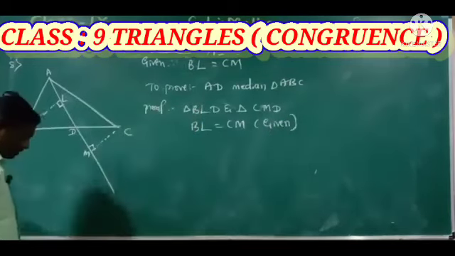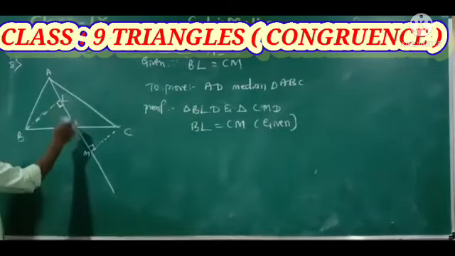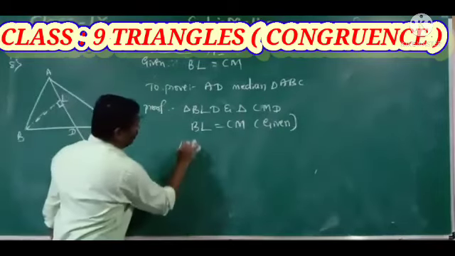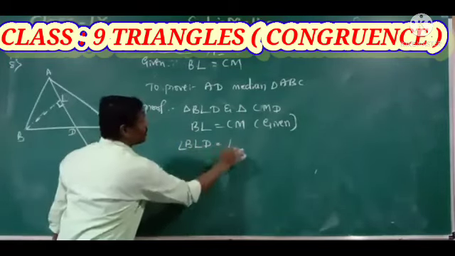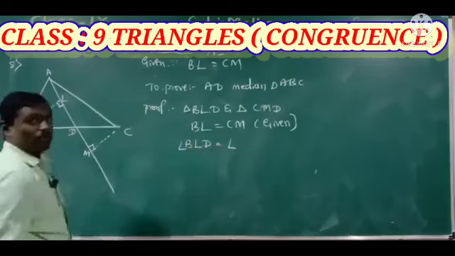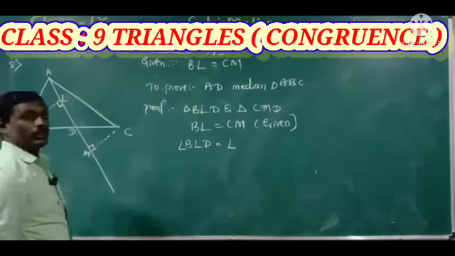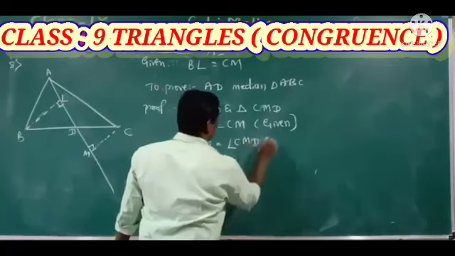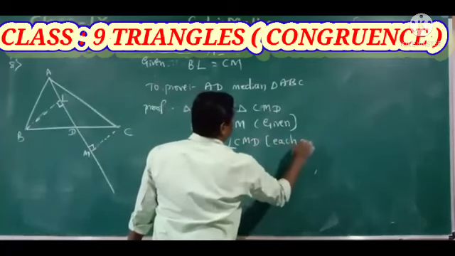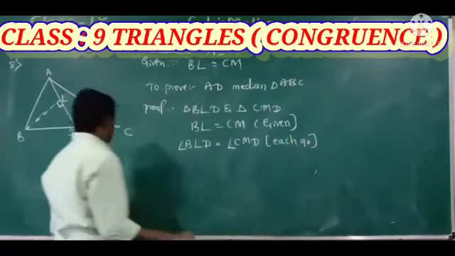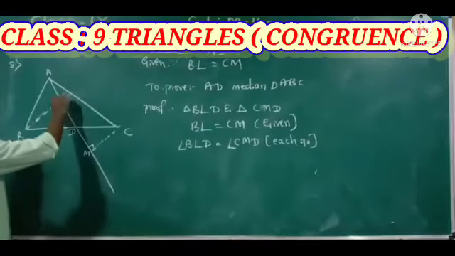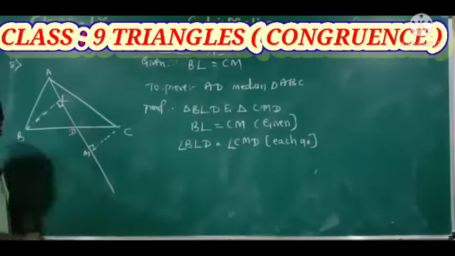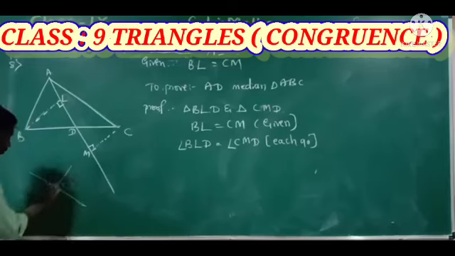Next one, angle BLD is equal to angle CMD. Why? Because these two angles are 90 degrees. Next one, two side lines. When two lines intersect, they form vertically opposite angles.